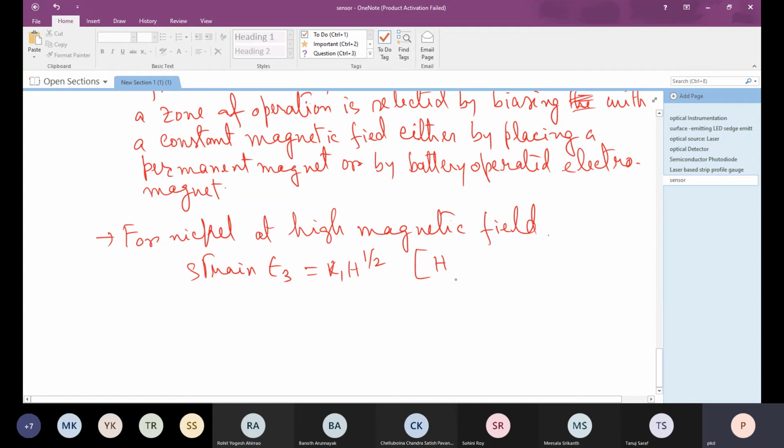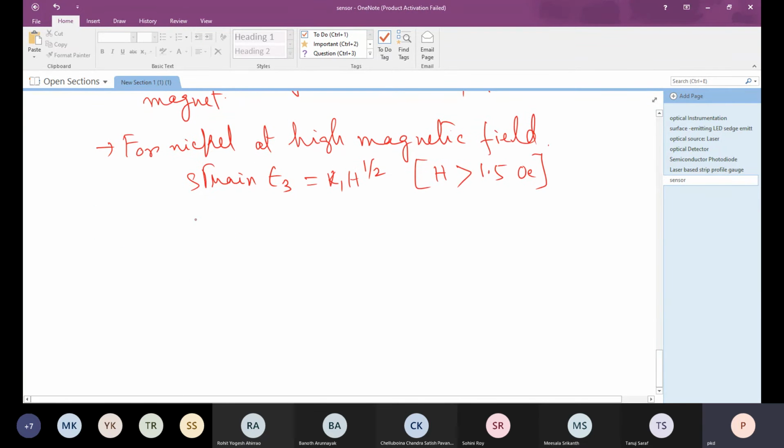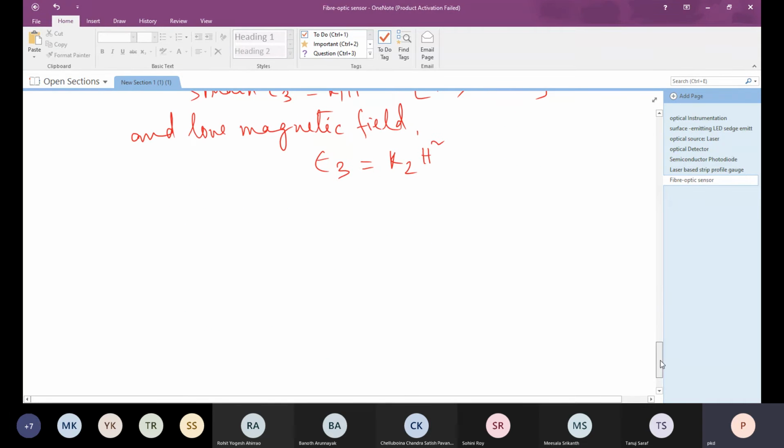This is when h is greater than 1.5 oersted. And for low magnetic field, compared to this reference of 1.5 oersted, where the magnetic field is much lower than that, epsilon 3 equals K2 h square. So this is a saturation type curve.